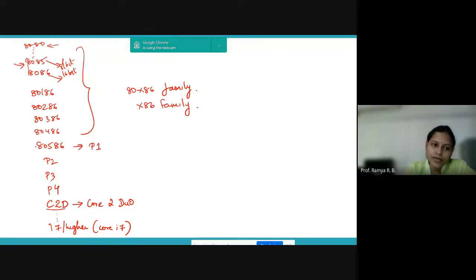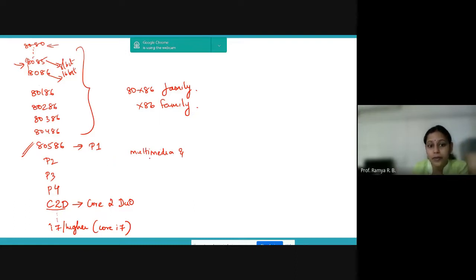80586 is called Pentium 1, and it is after this Pentium 1 that people started realizing the power of microprocessors. It is after this that the boom of multimedia and internet happened. That is when people realized the processing capacity of microprocessors, and computers became an object in almost every household.